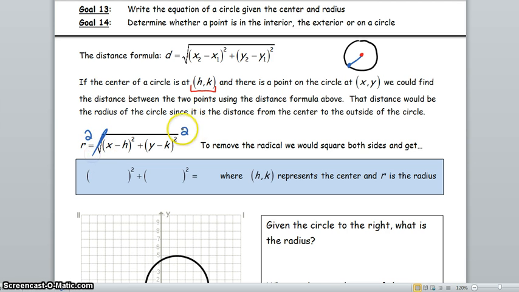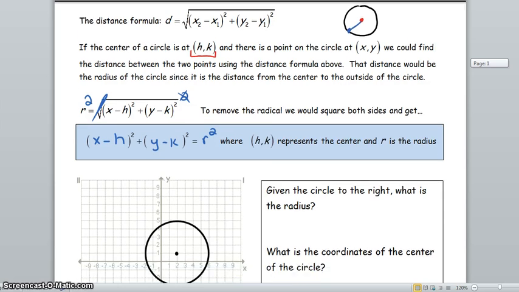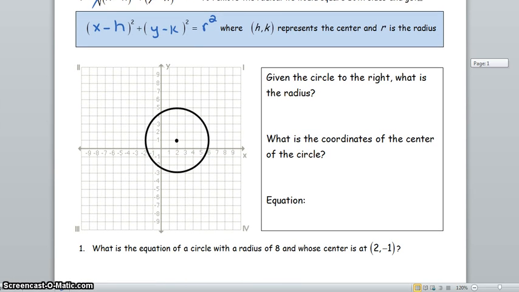That gets rid of the radical because they're inverse operations, leaving me with (x minus h) squared plus (y minus k) squared equals r squared. That is the equation that represents a circle, assuming (h, k) is the center of the circle and r is the radius of that circle. That's the equation we're going to use for the rest of the lesson today.